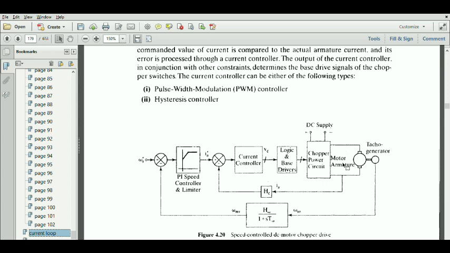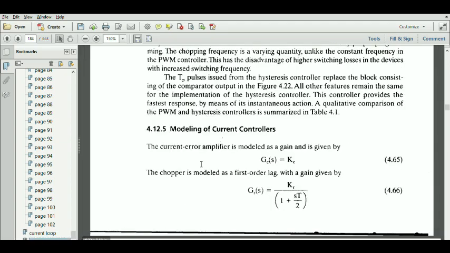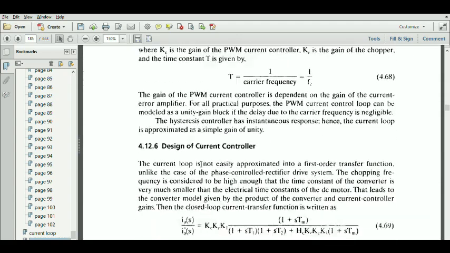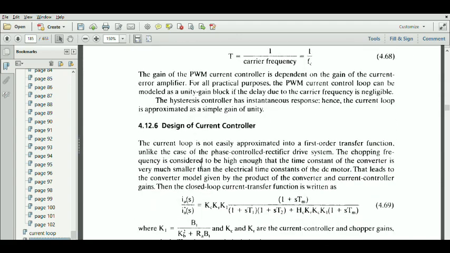Since IA passes through the motor, we have to consider the motor also for modeling the system.